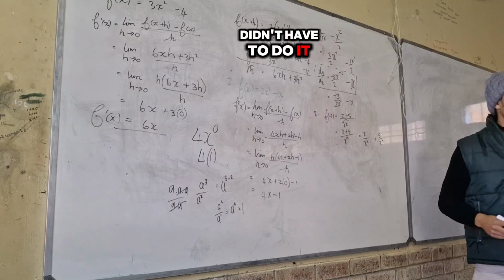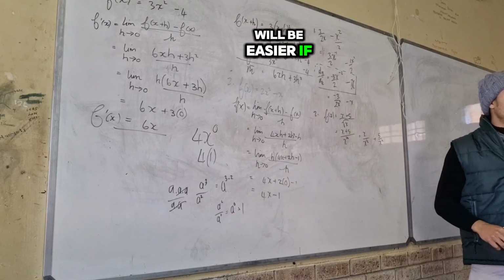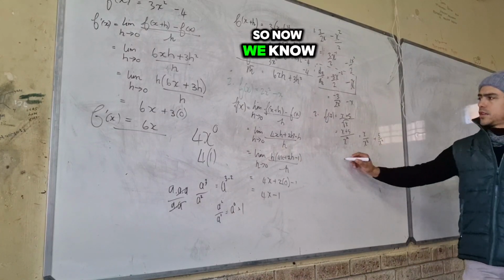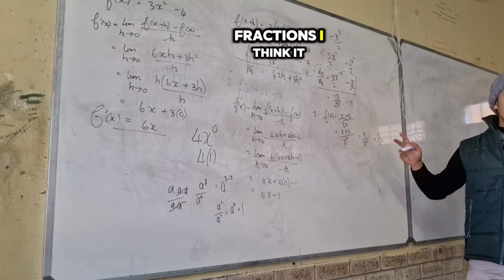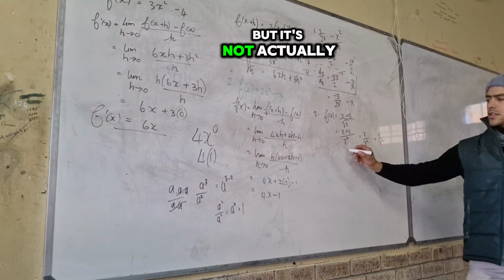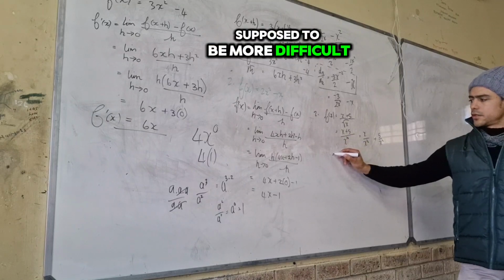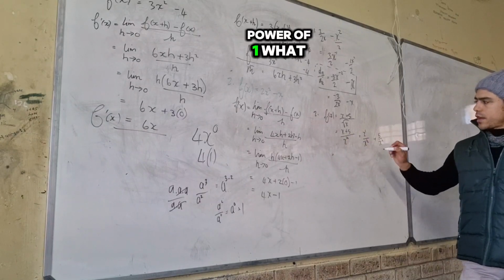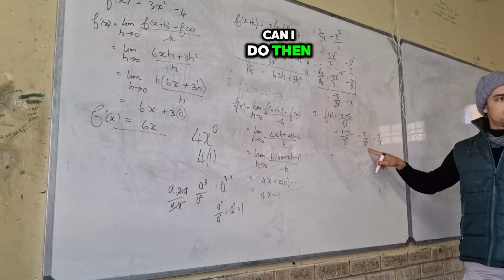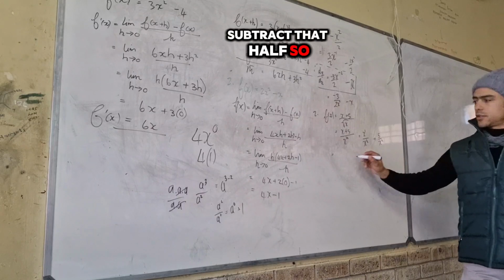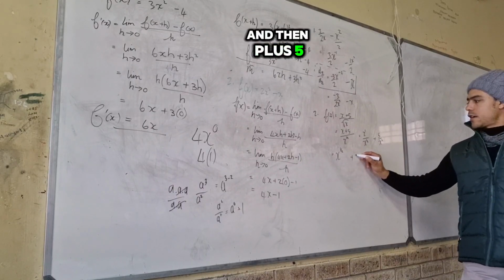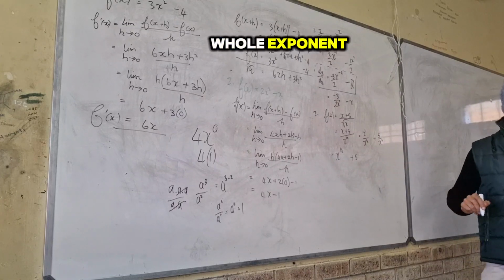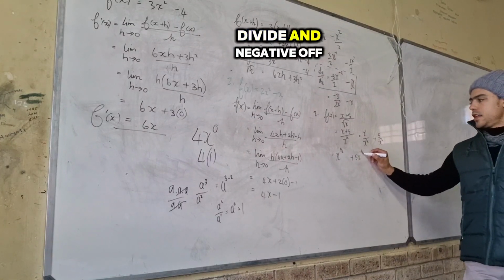You didn't have to do it, but I think it will be easier if you do. Now I have two fractions, but it's not supposed to be more difficult. Then x to the power of 1, what can I do? Subtract that half. So that's going to be x to the power of half on top, and then plus 5, I bring up the whole exponent, so that's x to the power of negative half.